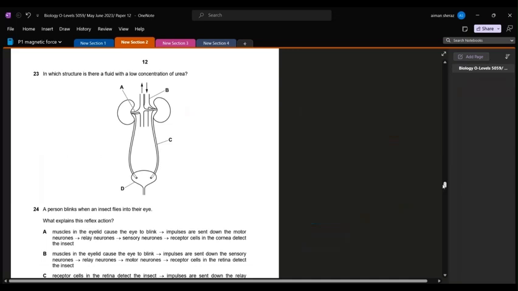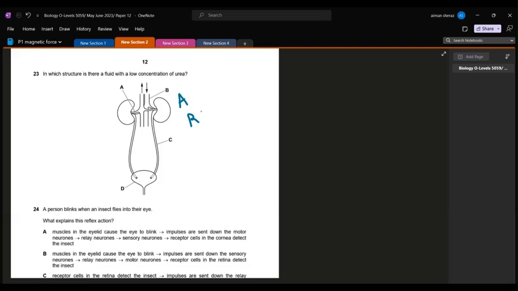So 23. In which structure is there a fluid with a low concentration of urea? If you see, this is the aorta, and with that you see there is the renal artery. And here you see, because this is going up, that means it's going back, and this is coming.